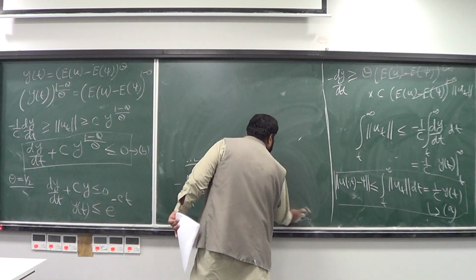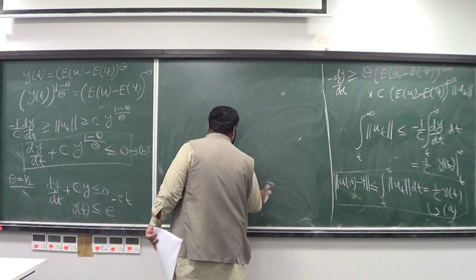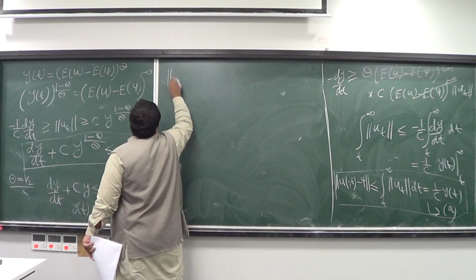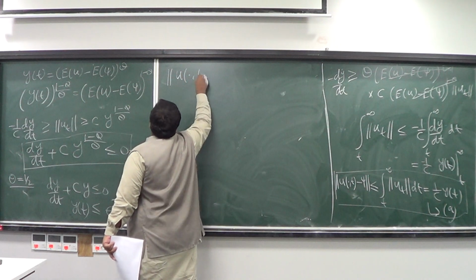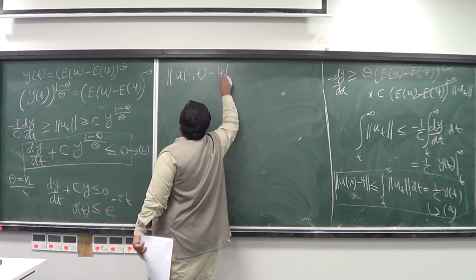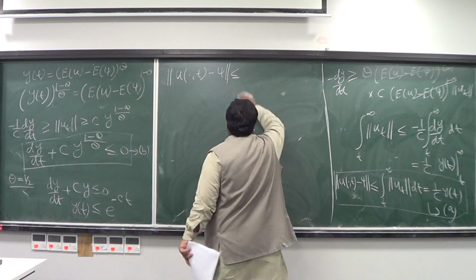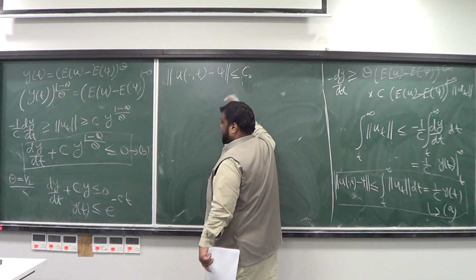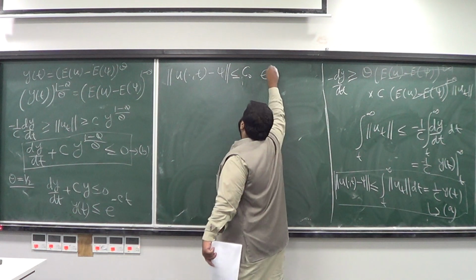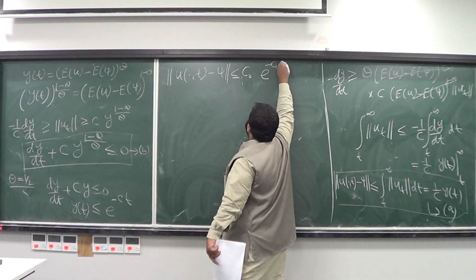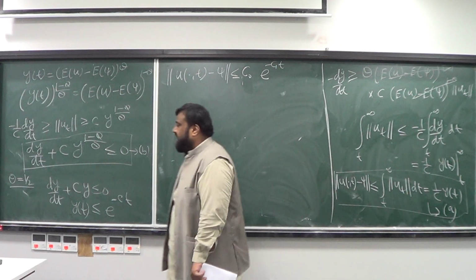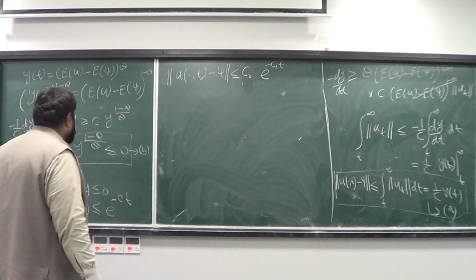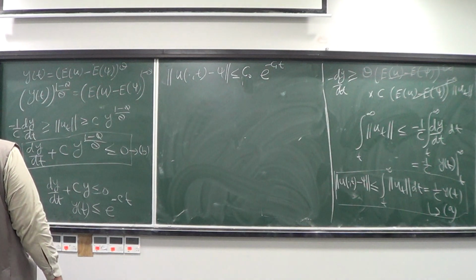You get your required inequality, which is u of t minus psi is less than or equal to 1 over c, let's call this constant c naught, times e to the minus ct, let's call this constant c1 t. So this is your required first inequality when theta is 1/2.